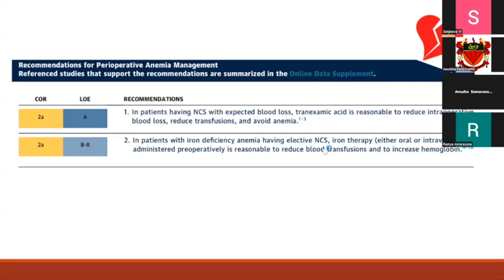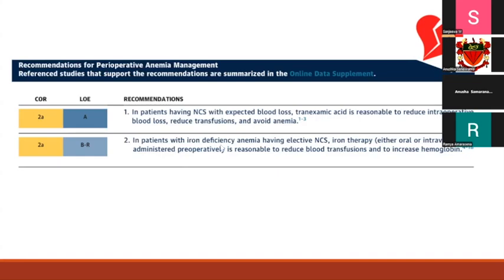And again, what is the target of hemoglobin we have to maintain in cardiac patients? Earlier it was advised in cardiac patients to have a target of 10 grams per deciliter of hemoglobin, especially prior to surgeries.